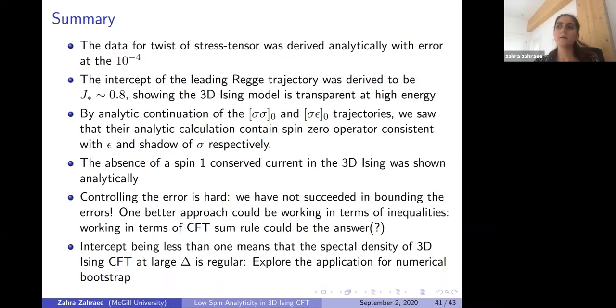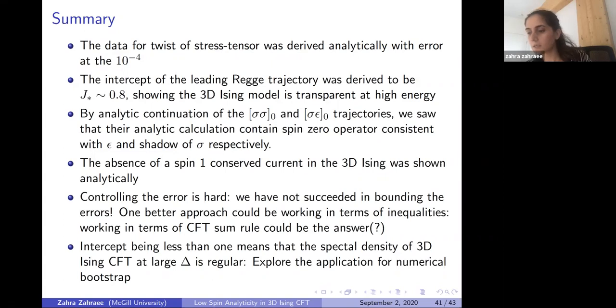Usually J star can be thought of as the effective Regge excitation that is exchanged in the Regge limit. When you have theories with vector bosons, you wouldn't expect this transparency.